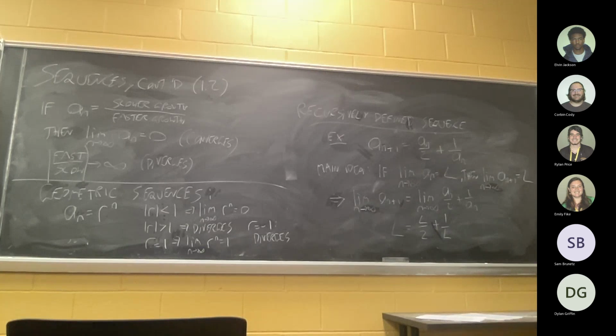So by limit laws that you learned in Cal 1, the limit of this whole expression would be this. So now we don't know what L is, but we have an equation that defines it. So now I can multiply both sides by L.